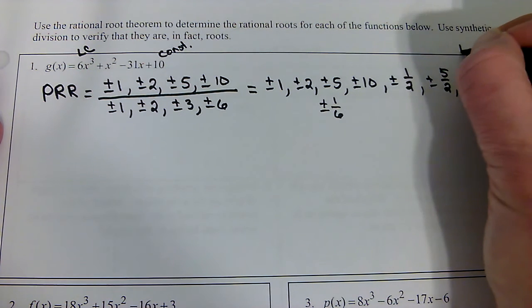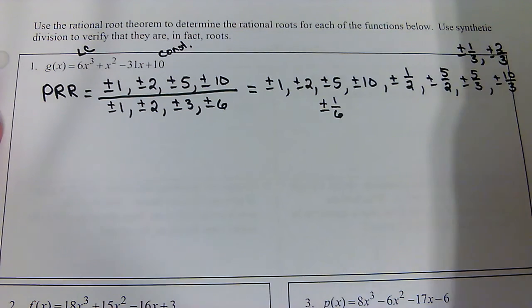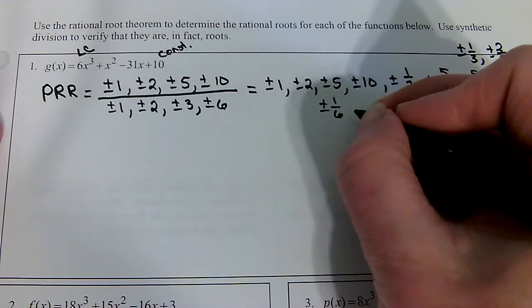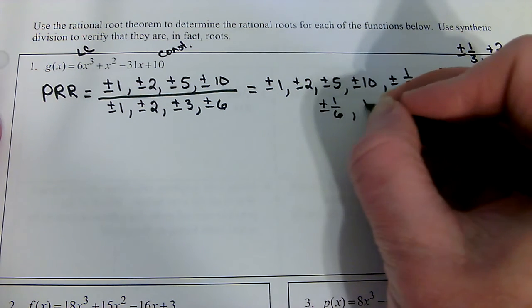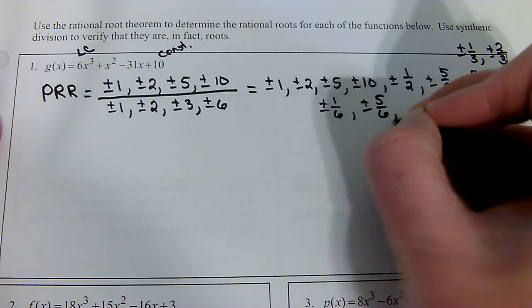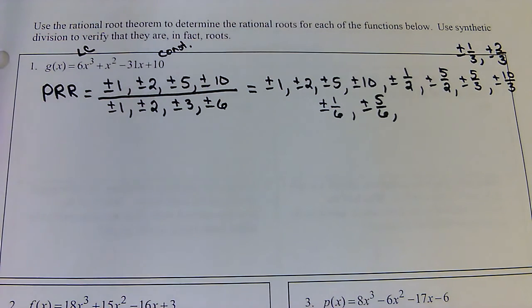I forgot 1/3 and 2/3. Oh my goodness. How did I do that? I don't know. 2/6 is 1/3. Then we'd have 5/6, and then 10/6 is actually 5/3.